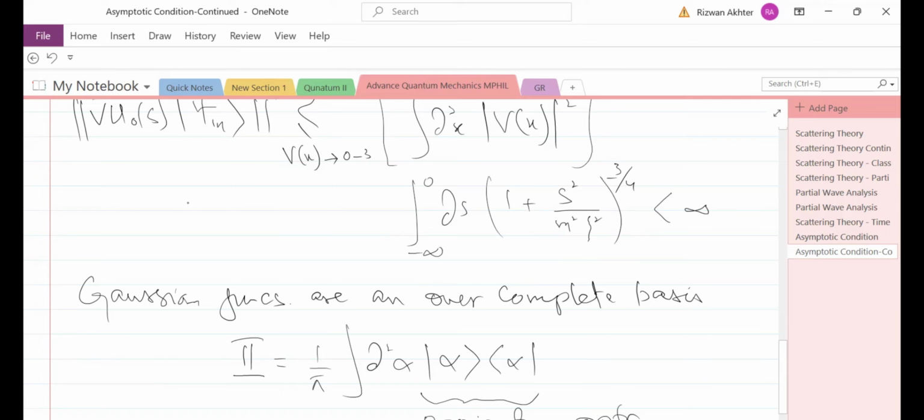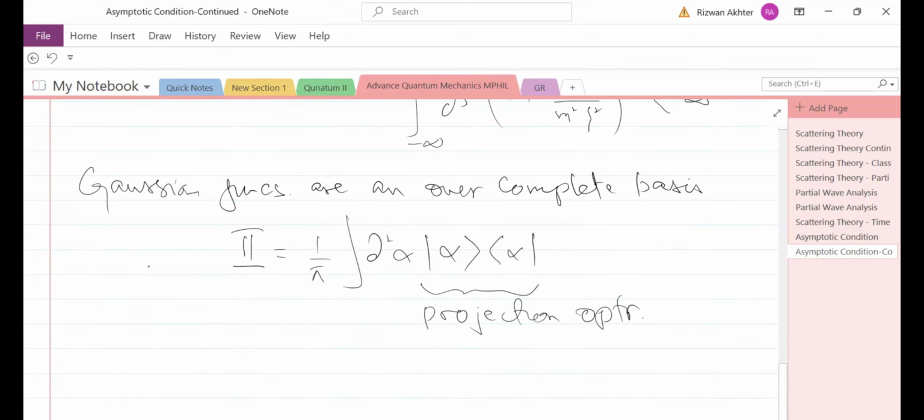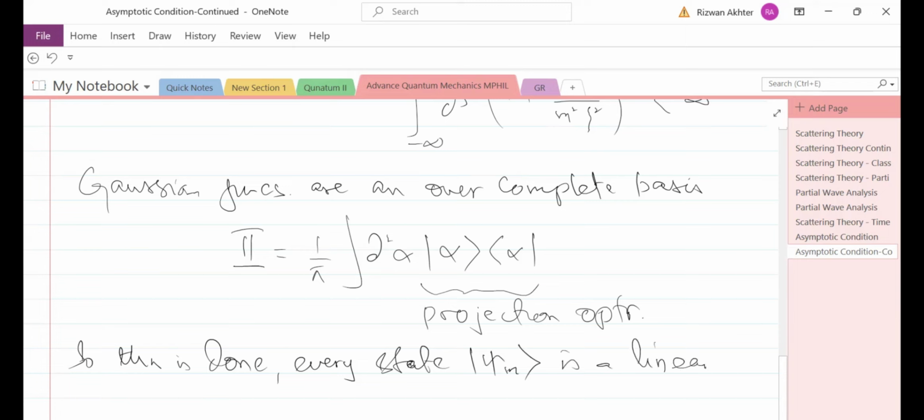So we say that this is done. Every state psi in is a linear combination of Gaussians, or Gaussian functions.